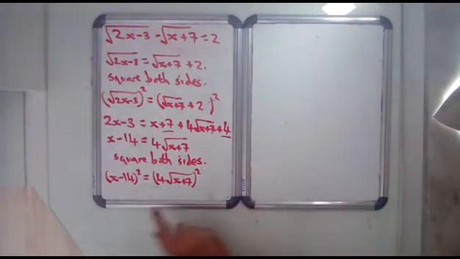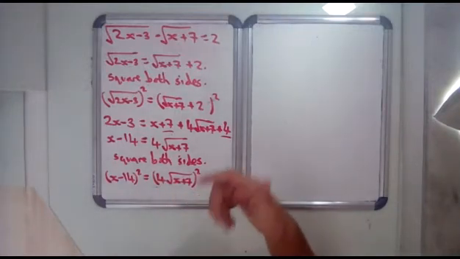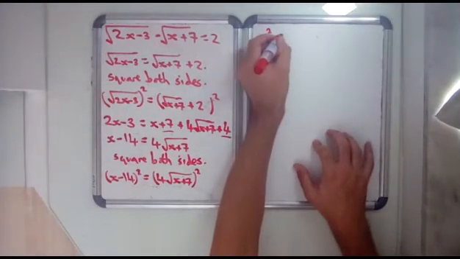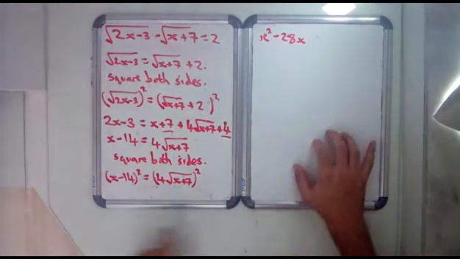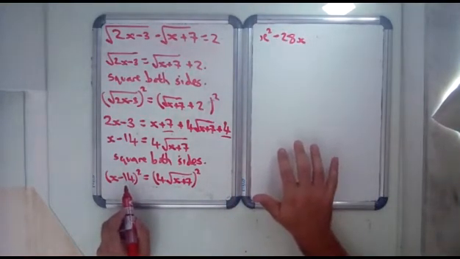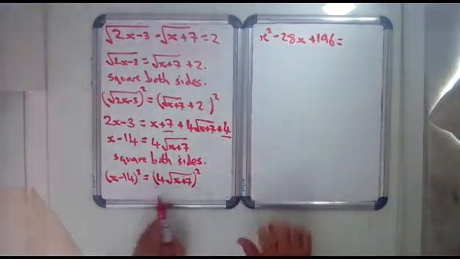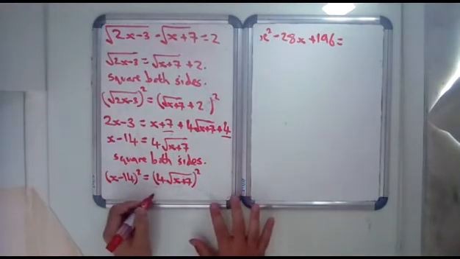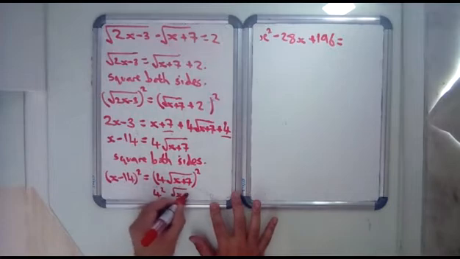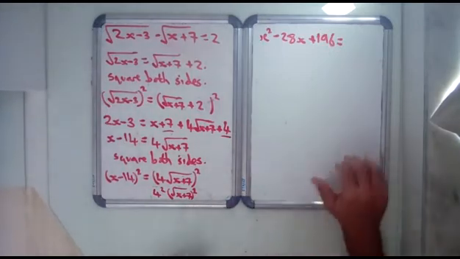So (x minus 14) squared is x squared minus 2 times minus 14 times x, so that's minus 28x, and then minus 14 times minus 14 is plus 196, equals 4 squared times root x plus 7 squared, so 16 times x plus 7.